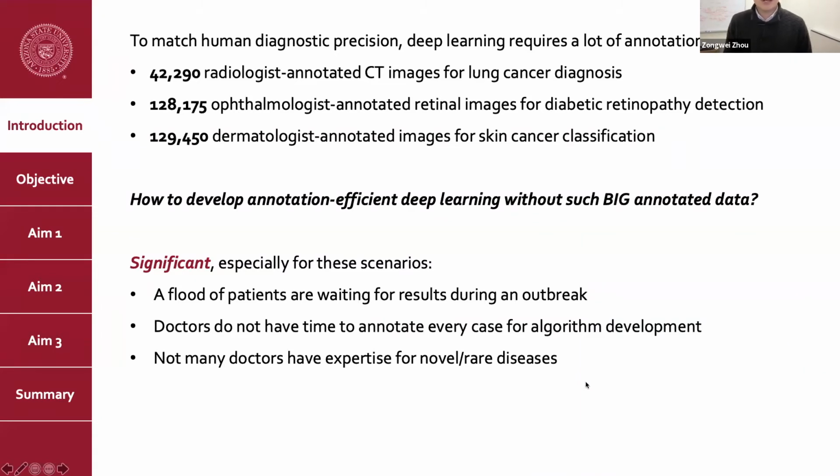So in this work, I try to answer the question: how to develop annotation-efficient deep learning without such big annotated data.